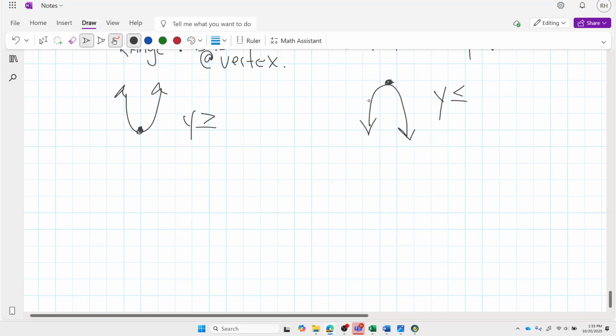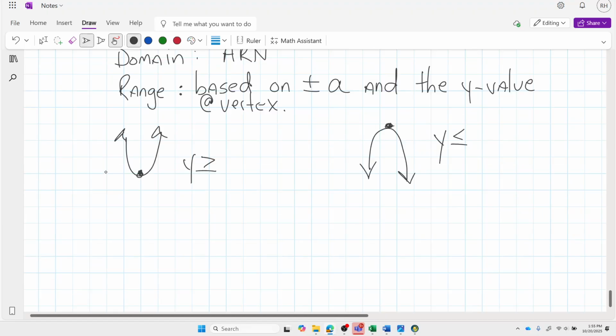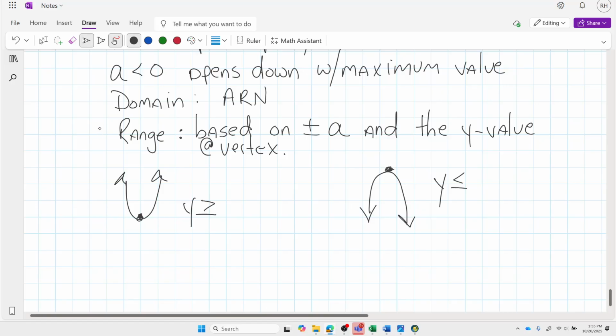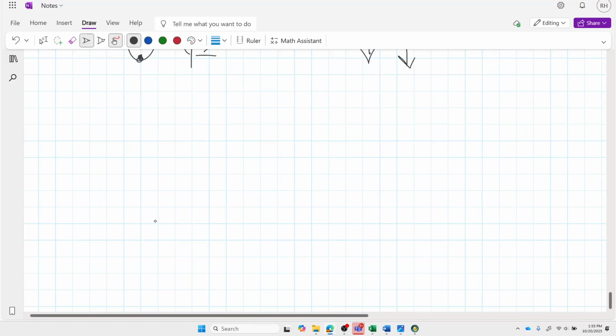Okay. So it's a little bit open-ended, but as you look at the function, you can determine whether it's got a minimum or maximum value, and then your range is going to be based on what the y value is at the vertex. So in order to find the vertex, actually, let's do this first.